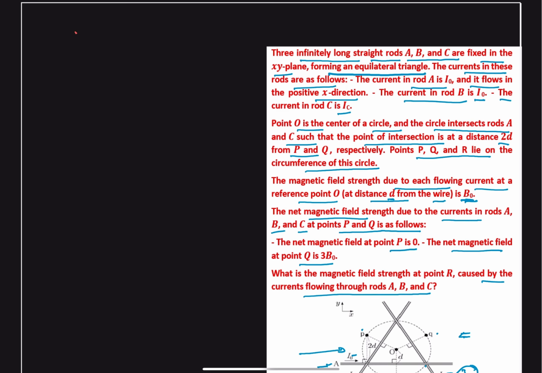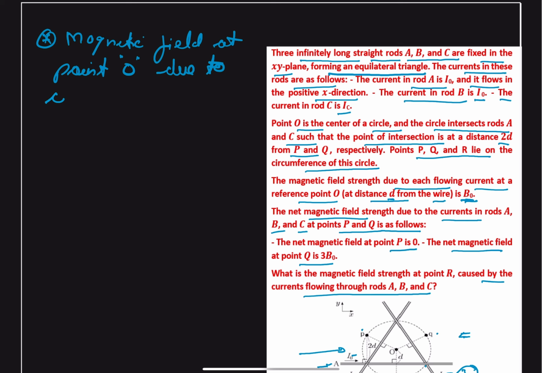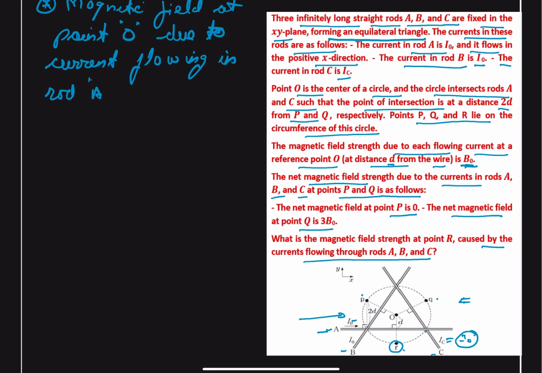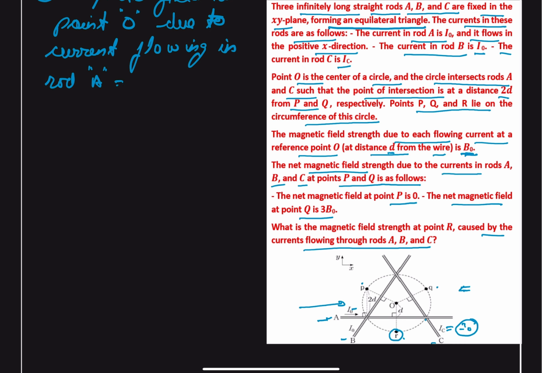So we say the magnetic field at point O due to current flowing in rod A is our B0, and this B0 will be equal to K multiplied by I0, that is current, divided by the distance.